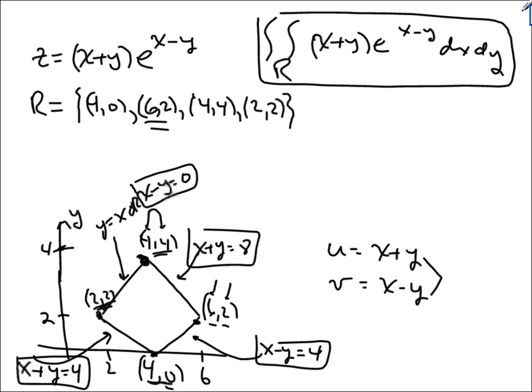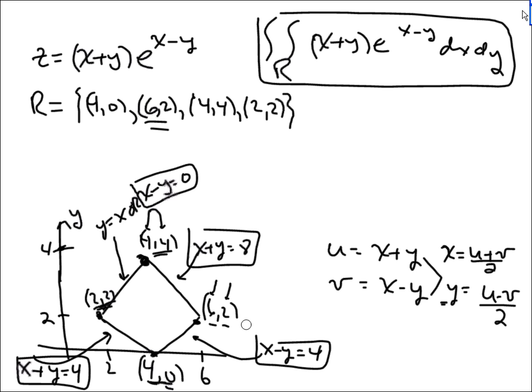Adding these two together tells me that 2x is u plus v, but I'll divide by 2. And if I do u minus v, I get 2y. Well, I don't want 2y, I want 1y, so I'll divide by 2. Okay, we'll use that in a little bit.